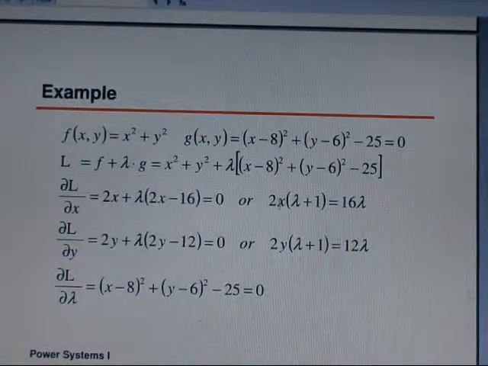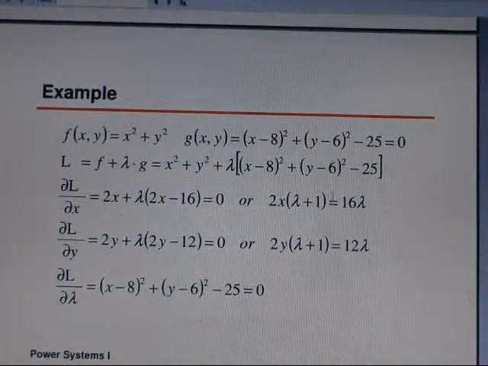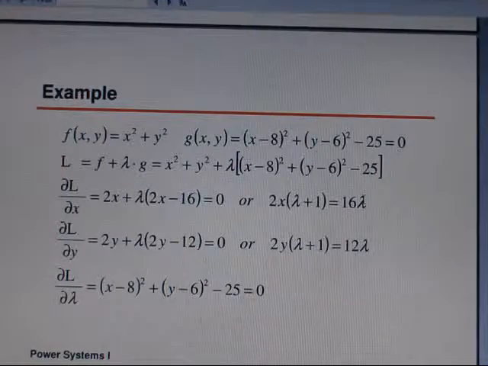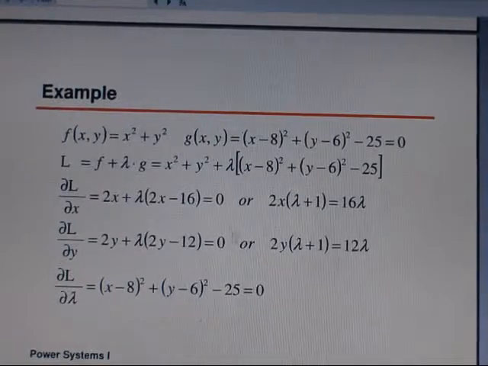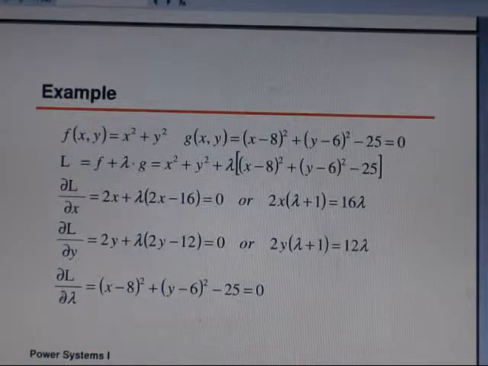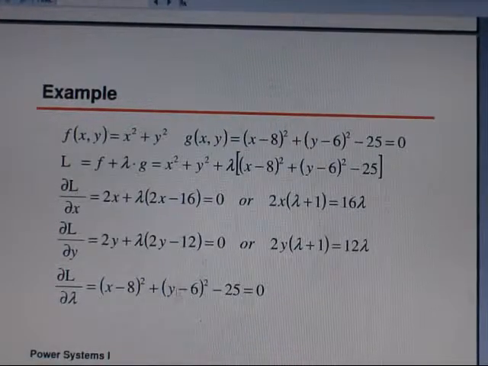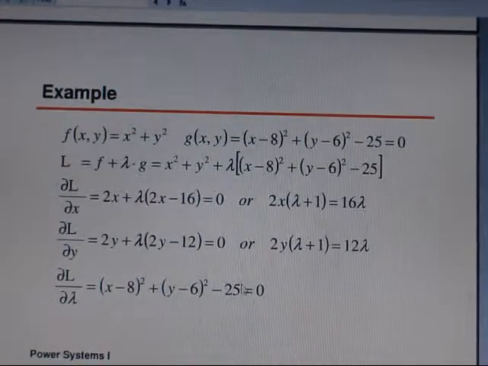After solving, 2x plus lambda times 1 equal to 16 lambda. And there is also the del by del y, so we got this equation: 2y plus lambda times 1 plus 12 lambda. So therefore, we write down the equation del by del lambda equal to (x minus a) square plus (y minus 6) square minus 25 equal to 0. This one we set to 0.